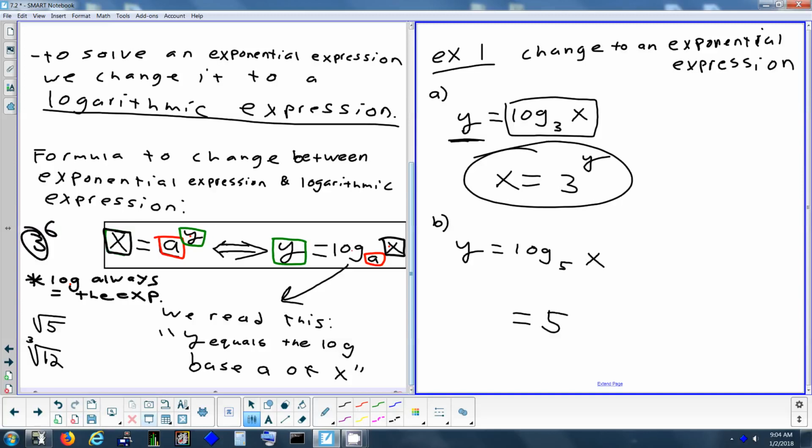Next thing I'm going to figure out is my exponent. Irene, what's my exponent here? 1. Yeah, the logarithm always equals the exponent. So whatever that's equal to, that's always the exponent.